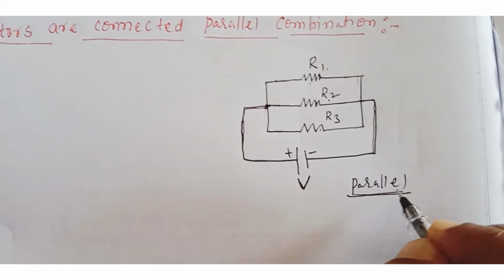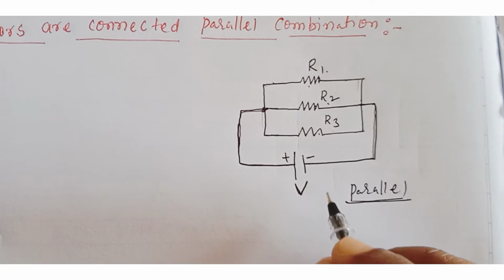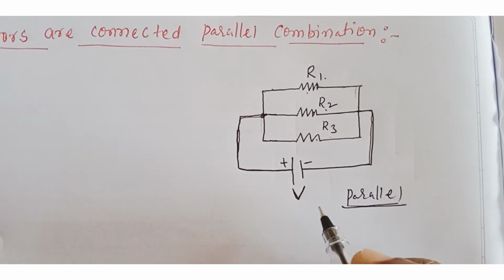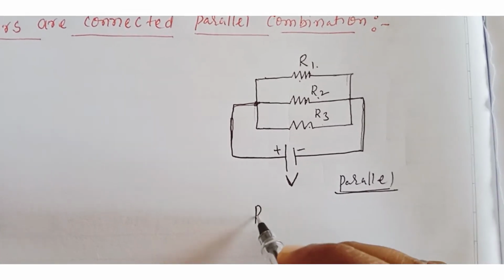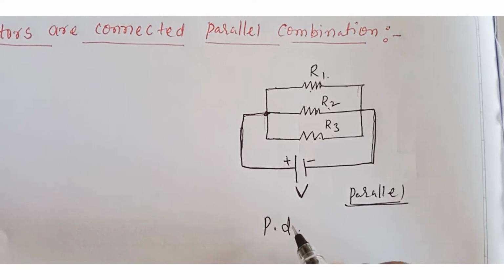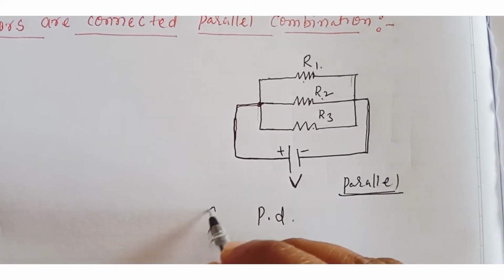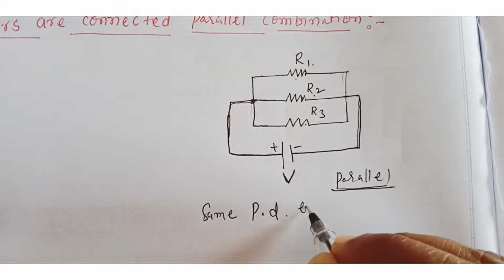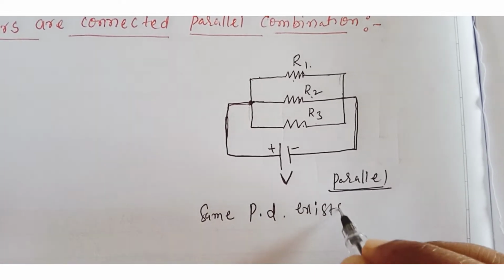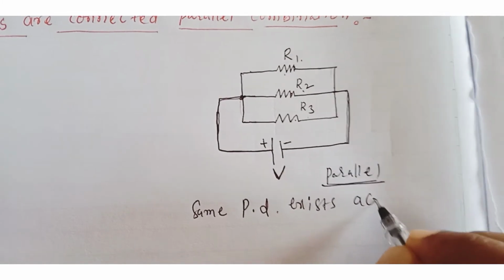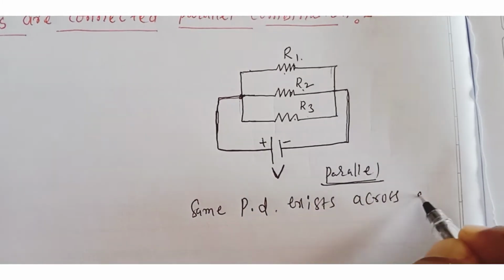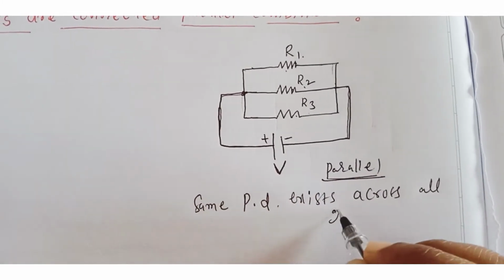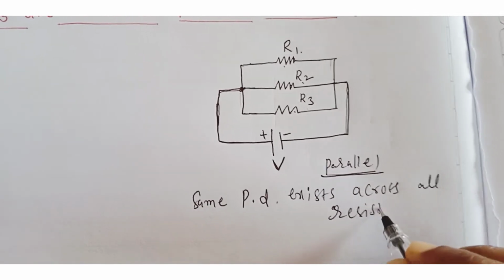In parallel combination, the same potential difference exists across all resistors.